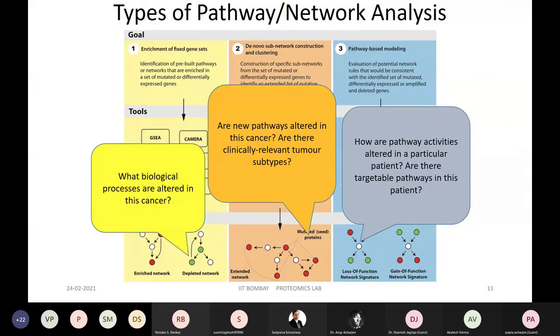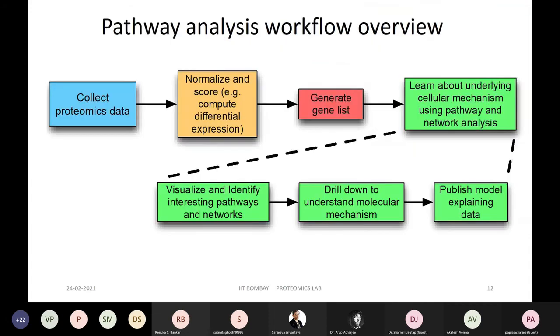All pathway or network analysis starts with your biological questions. So it's very important to keep in mind that whenever you start your analysis, or rather design your experiment, your biological questions should be very clear. A pathway overview would be: first you collect the proteomics data, which comes from a mass spec.